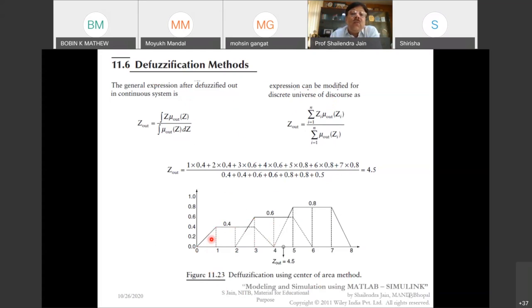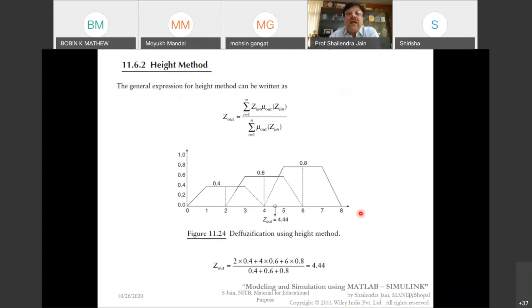So 1 into 0.4 plus 2 into 0.4 plus 3 into 0.6 plus 4 into 0.6 plus 5 into 0.8 plus 6 into 0.8 plus 7 into 0.8, divided by the sum of these degrees of membership. This will give you the output.